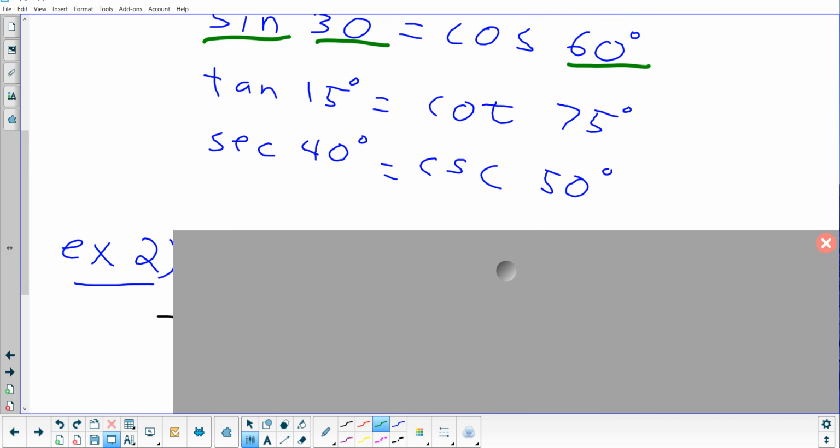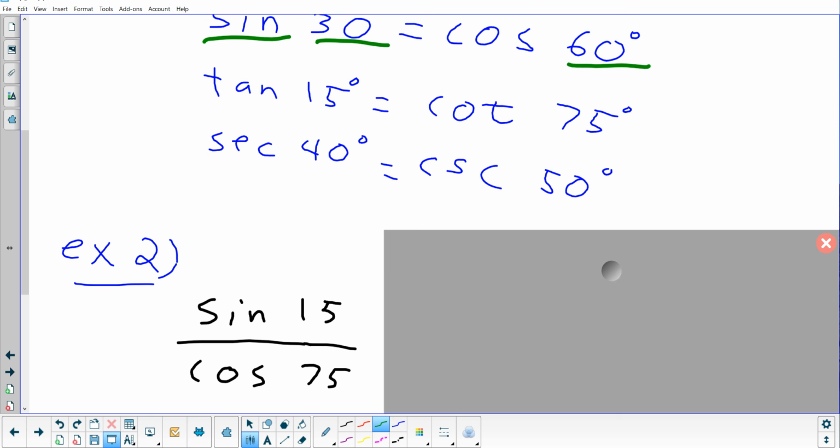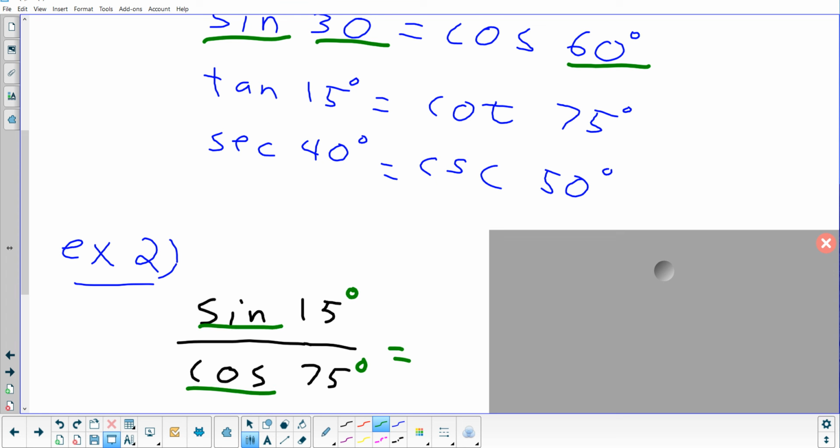So, knowing that, we should be able to figure out this problem. Now, 15 and 75 are not angles that I have memorized off the top of my head. I don't know what the sine of 15 is. And I don't know the cosine of 75. But sine and cosine are what kind of functions? Yep.